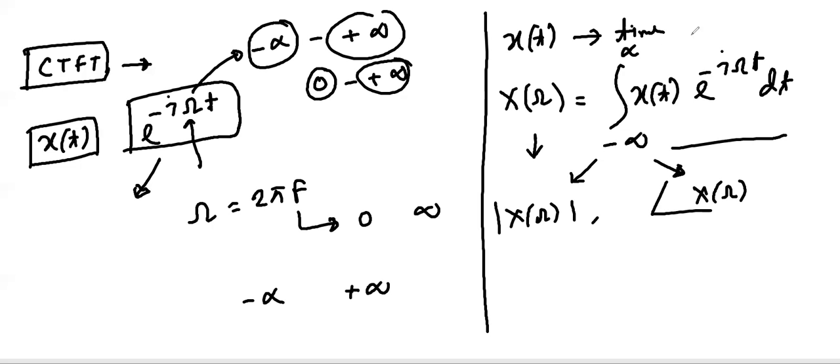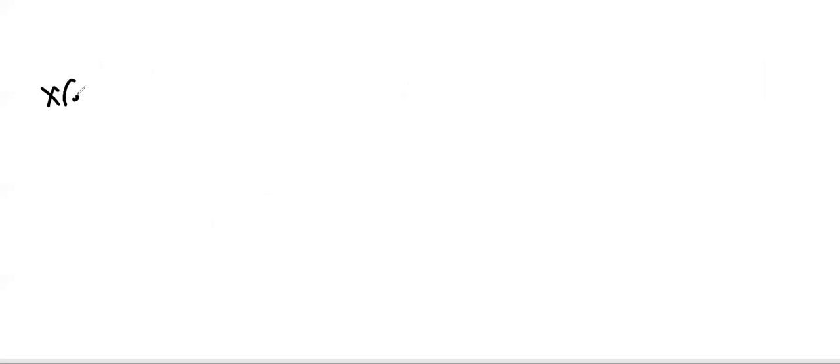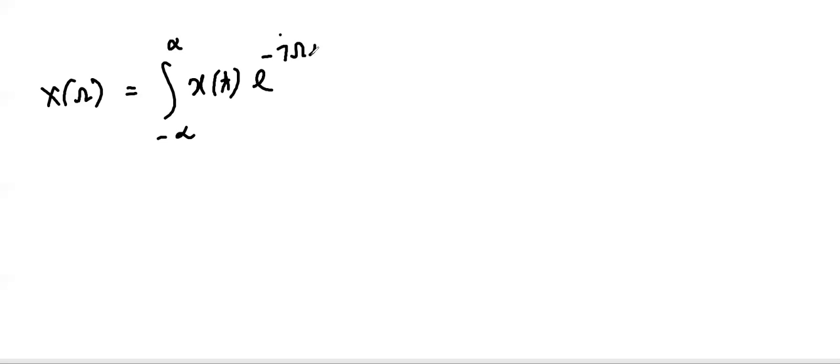As you can understand, if we elaborate this equation, we can find it. We use the capital omega for analog system. X(omega) is the integral from minus infinity to plus infinity of x(t) e to the power minus j omega t dt.